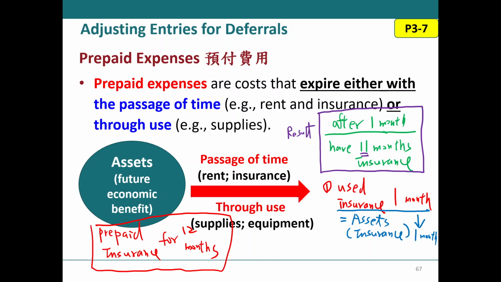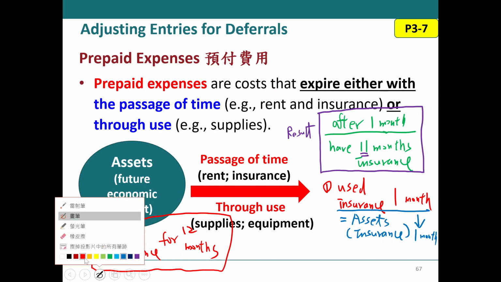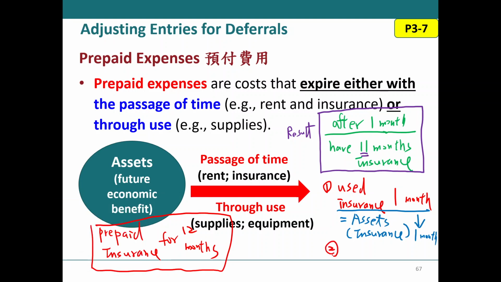The key point usually you don't understand is the second effect. Usually you will get confused about the second one. What's that? Insurance decreases, and at the same time what item increases? Asset decreases. Asset decrease usually means what kind of item increases as well?